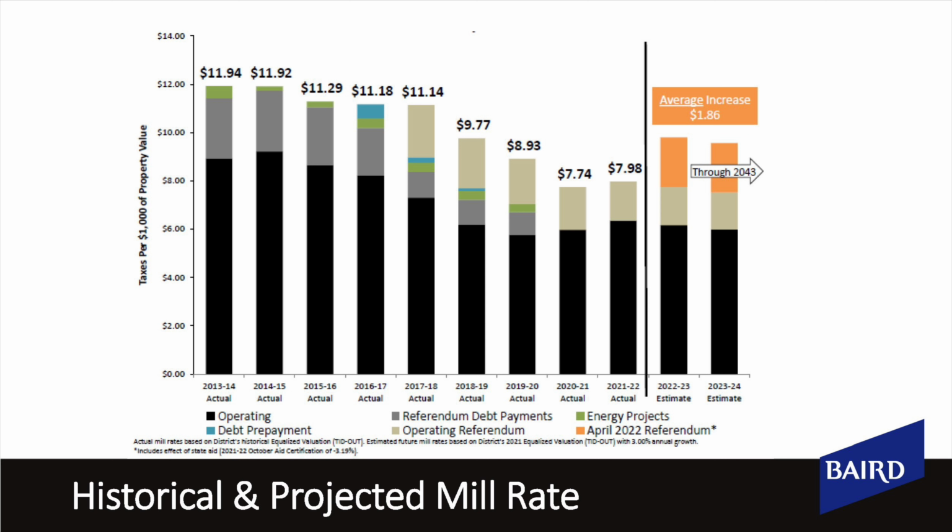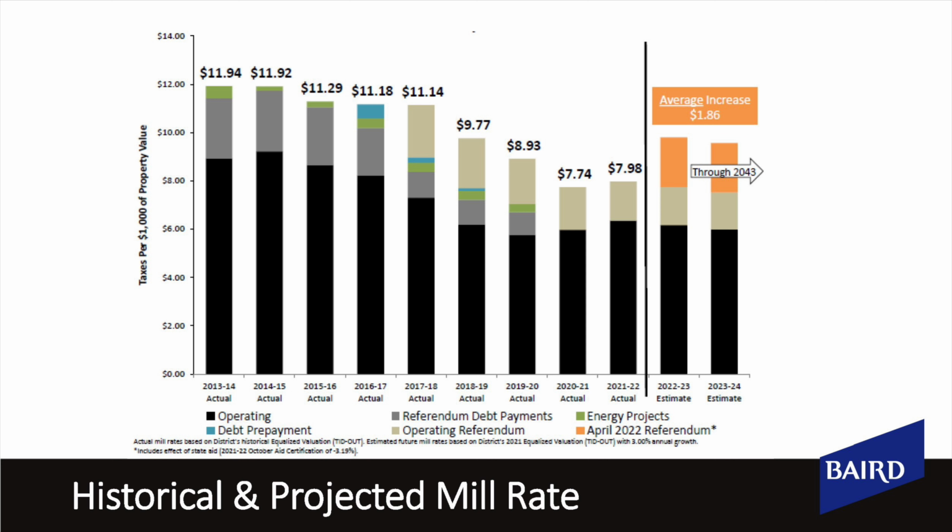I will just tell you that over the course of the next 7 years from 13-14 all the way out to 2021, every single year in the school district of Amery, our mill rate, which is again our rate of taxation, has decreased. So that's 1, 2, 3, 4, 5, 6, 7 years of decrease.